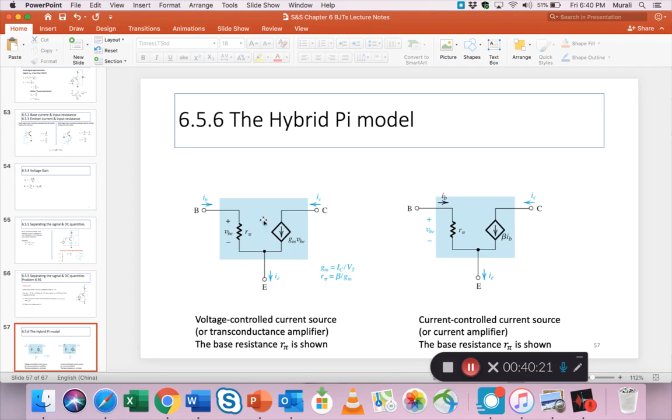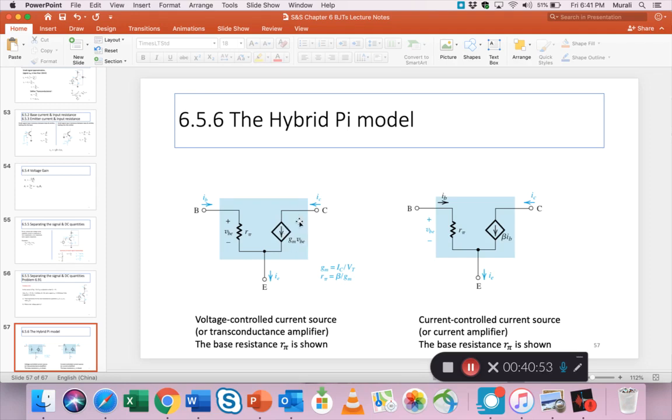And here the model just says, on this side, show me just the R pi, the input resistance, looking into the base emitter circuit. And then the right side of the model, you use the transconductance, and the value of this output, the collector current, can be just written by the simple formula, which gives you the dependent source, right?